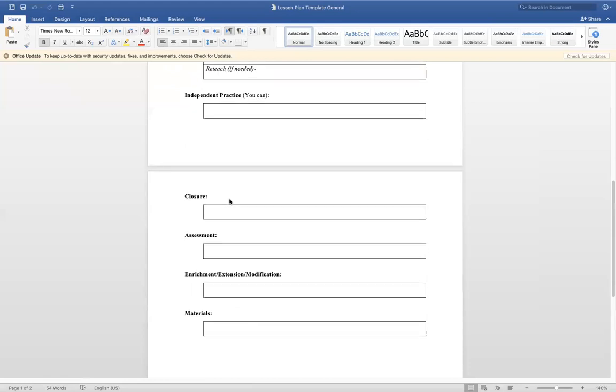Then comes the closure. Never finish your lesson by saying, okay, the class is over. You want to tell them how they will be using this information that they learned. You want to sometimes go back and say, okay, so what did you learn today? And have them tell you some of the things that they learned. So make it more meaningful.